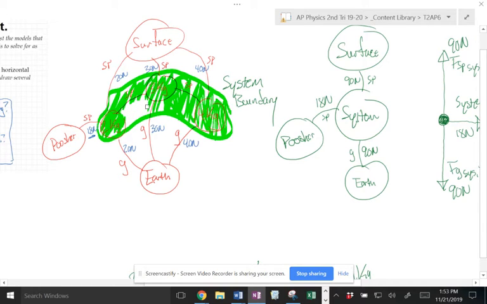Oh no. Well, you can see through the highlighter.